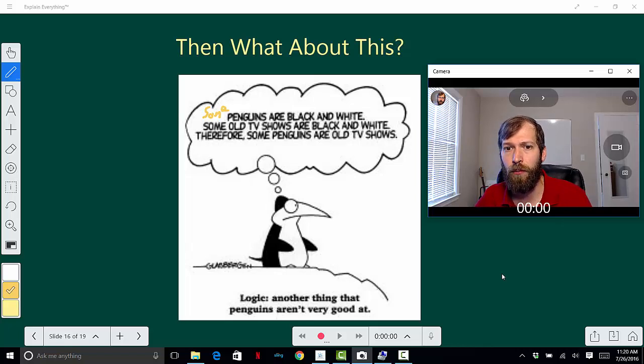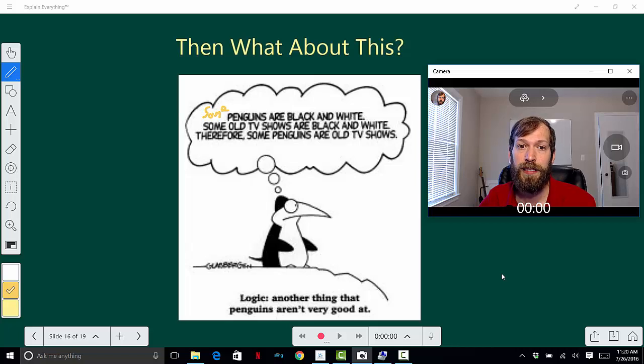So some penguins are black and white. That's true. There's at least one penguin that's black and white. Maybe all of them are black and white. I don't know if there's examples of penguins where that's not the case, maybe an albino penguin. But some penguins are black and white, so that's true.